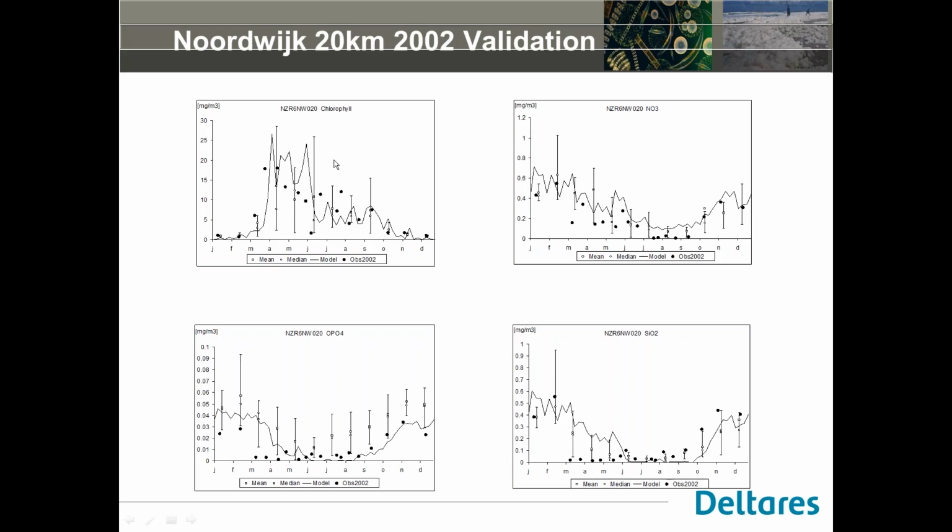This figure shows chlorophyll, which is a very good model result. Nitrate, again. For silicate, there's a little discrepancy in the spring, but in general, the result is also very good.